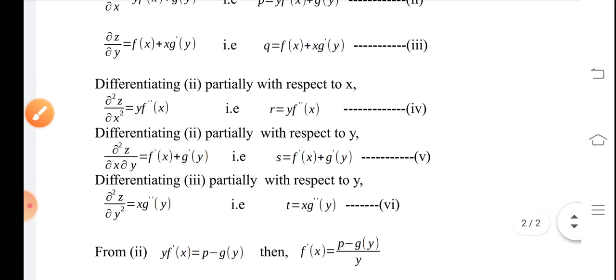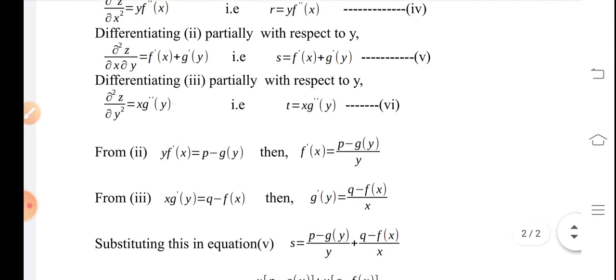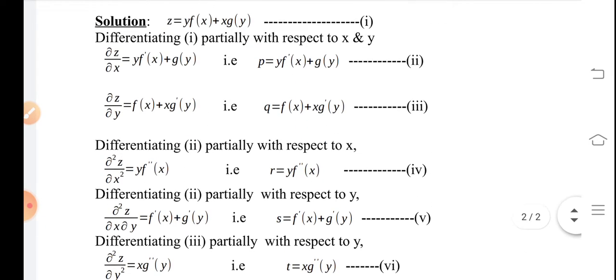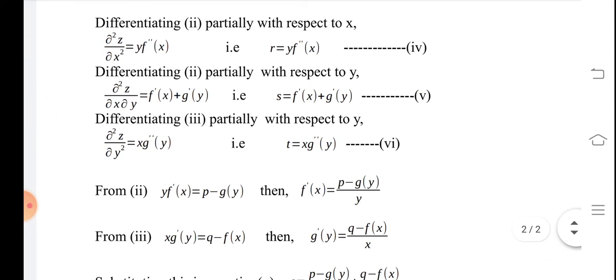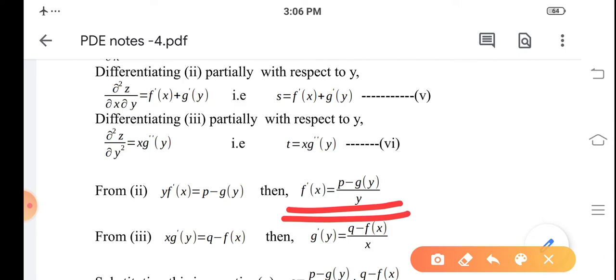Now, to eliminate the arbitrary functions, here I will take equation 2. So, from equation 2, I will write f dash of x. y into f dash of x is p minus g of y. Here, f dash of x is p minus g of y divided by y.